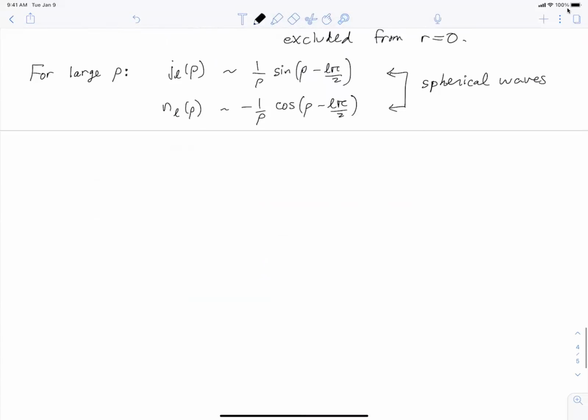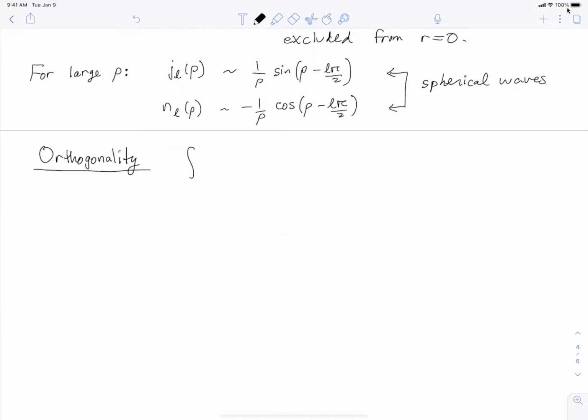All right, some other properties are, first of all, they satisfy orthogonality. So I'm not going to prove this. I'm just quoting this from the mathematical study of spherical Bessel functions.